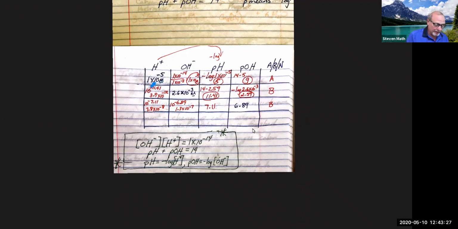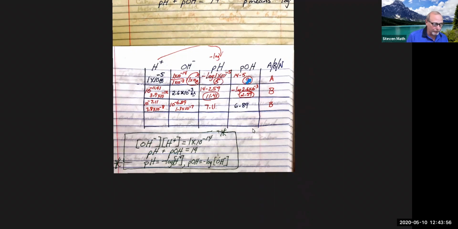The first thing I would do is take that and find out the pH. Press negative log 1 EE negative 5, and that should give me a pH of 5. Now, if I know pH plus pOH is 14, then 14 minus 5 gives me a pOH of 9.